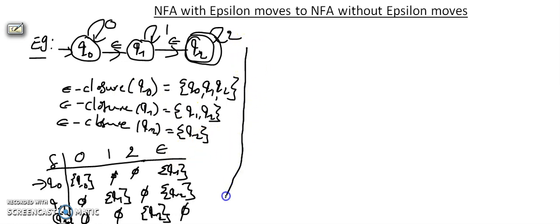So when you convert NFA with epsilon moves to without epsilon moves, we have to know the extended transition function delta cap.